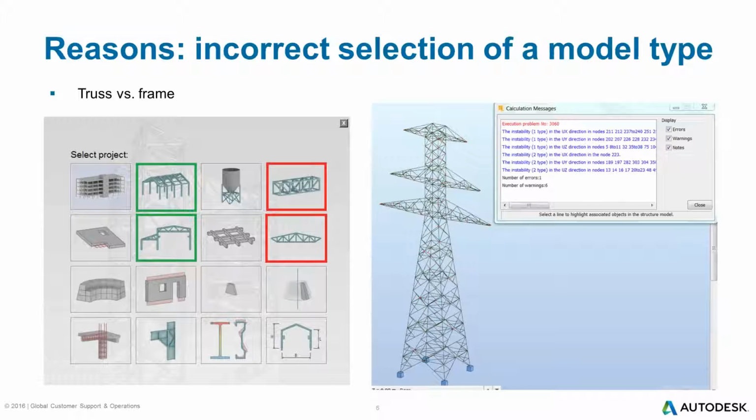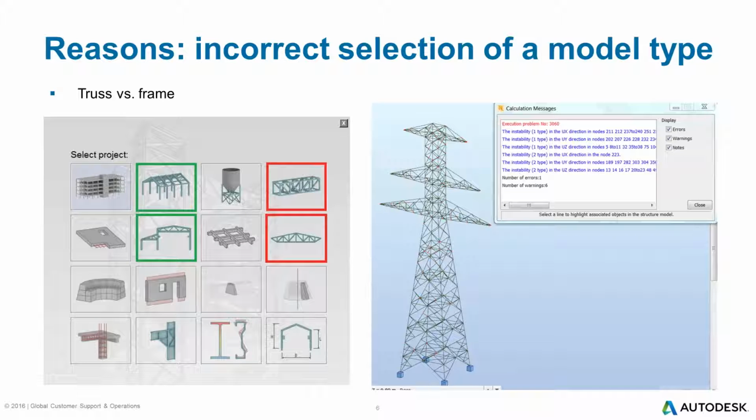Knowing the types of instabilities, we may have a look at their reasons. The common error, especially when one starts using Robot, is the selection of a wrong structure type. These types should be understood as the way of reducing model size, the number of equations to be solved, by elimination of some degrees of freedom rather than kinds of structures, especially when you are about to decide between truss and frame models.